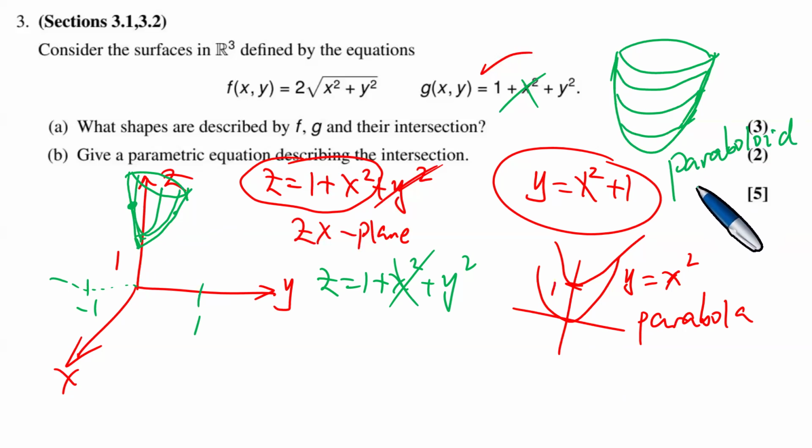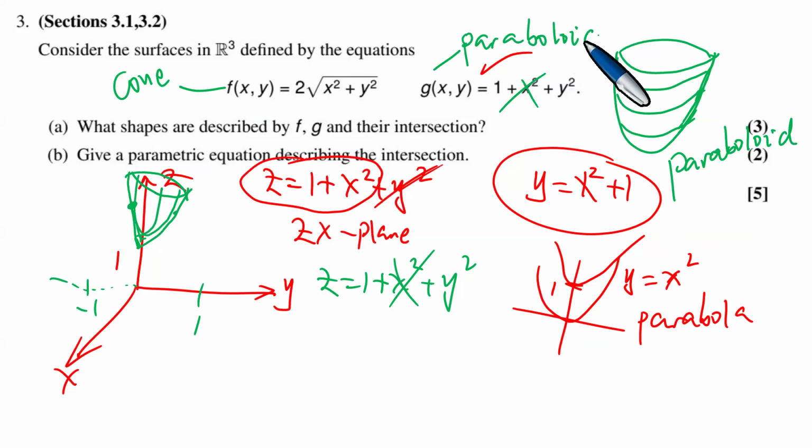Okay, so we continue. So in the end, we have the following. The examiner asks what shapes are described by F and G. We've already seen that this one here is a cone, like an ice cream cone, and this one is a paraboloid.